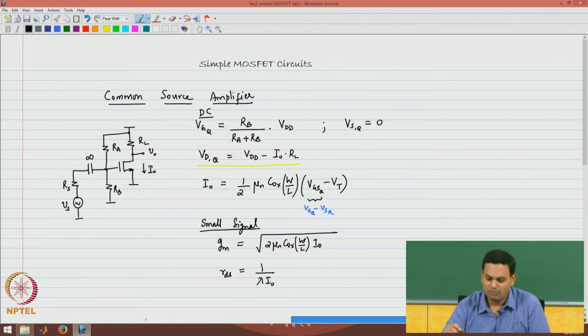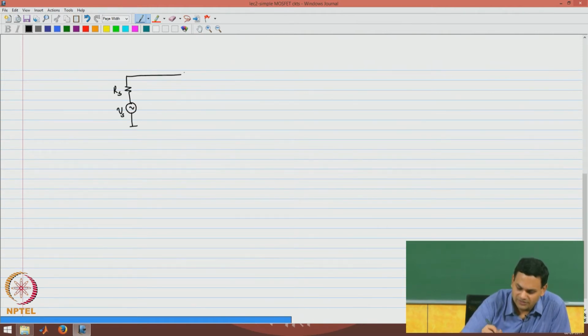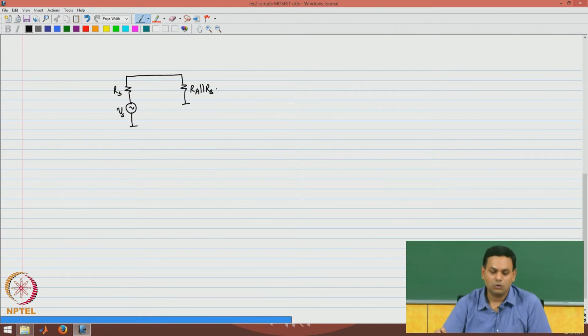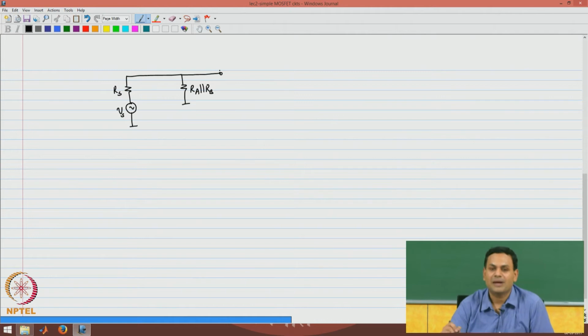Once you know the small signal parameters, the next step is to build the small signal equivalent circuit for this amplifier. The capacitor happens to be a short circuit because it is an infinite capacitor. VDD is signal ground, and therefore, RA and RB appear in parallel at the gate of the device.